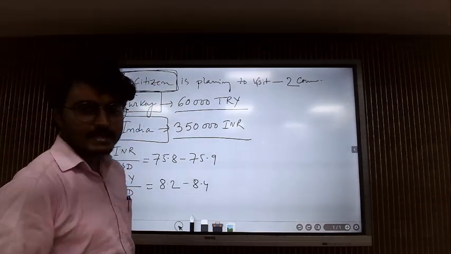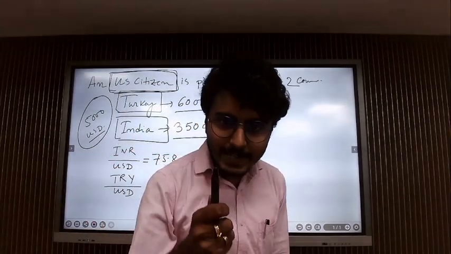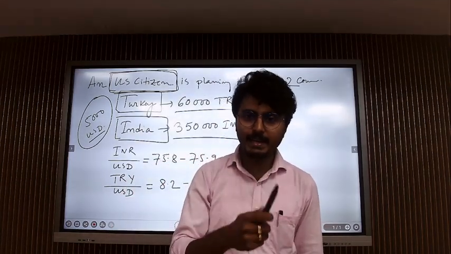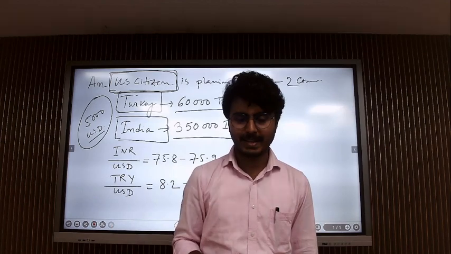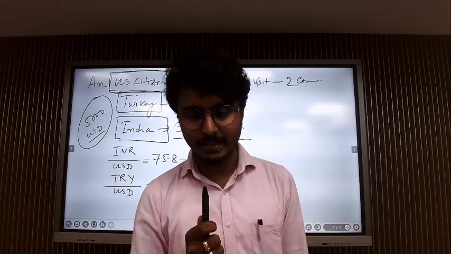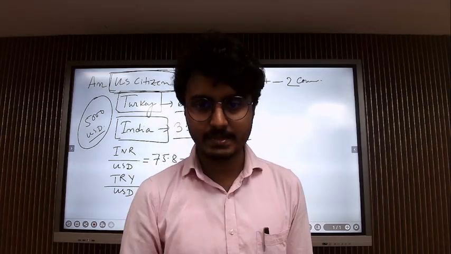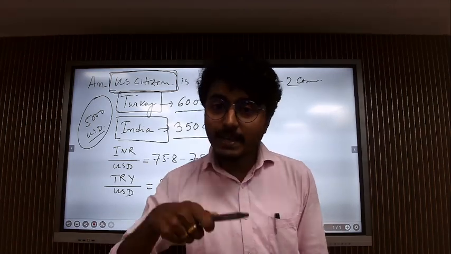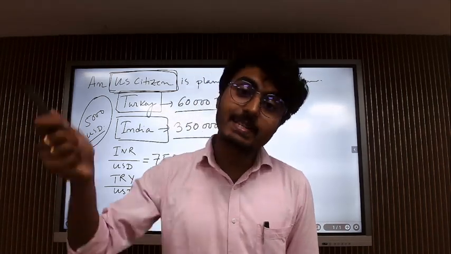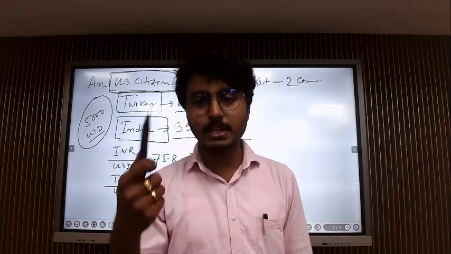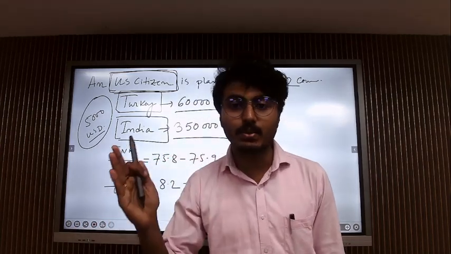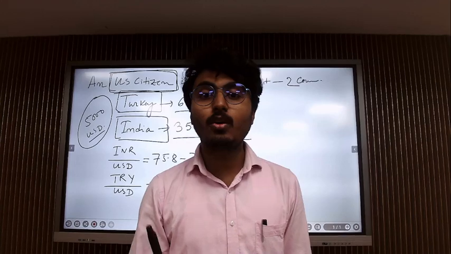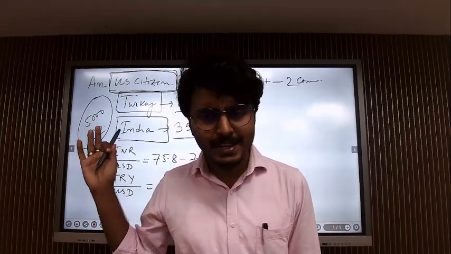US citizen means the person carries US dollar. That means he wants to purchase either INR by sacrificing USD or Turkish lira by sacrificing USD, because he holds the currency of US dollar, because he is a US citizen.